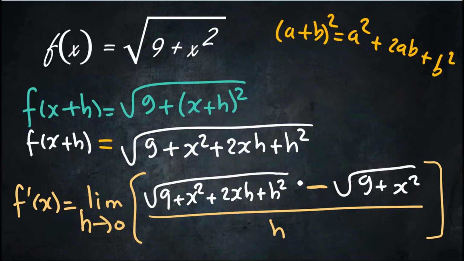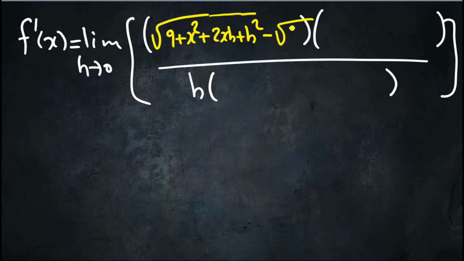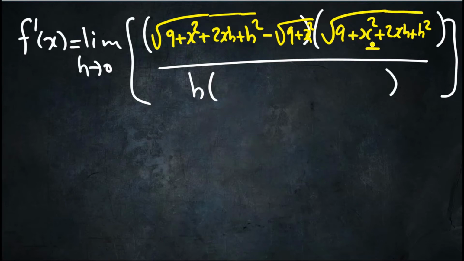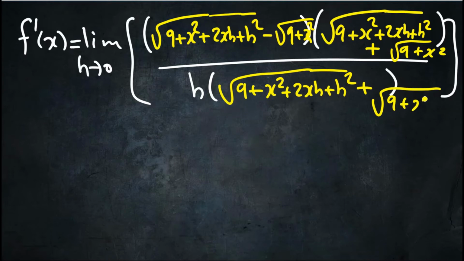We multiply top and bottom by the conjugate: the square root of 9 plus x squared plus 2xh plus h squared plus the root of 9 plus x squared, over the square root of 9 plus x squared plus 2xh plus h squared plus the root of 9 plus x squared.